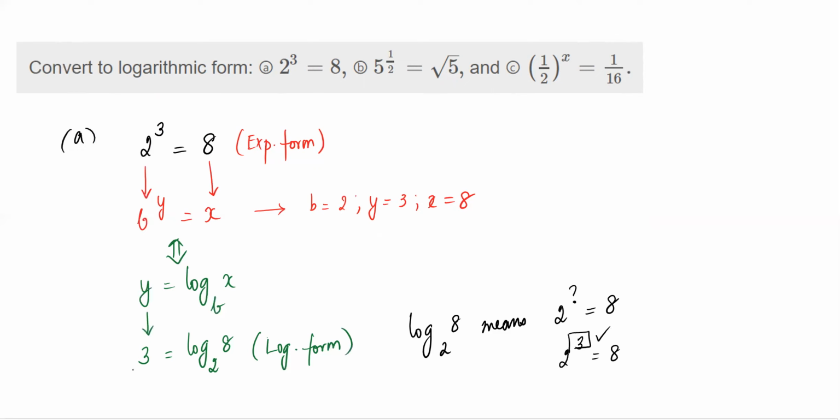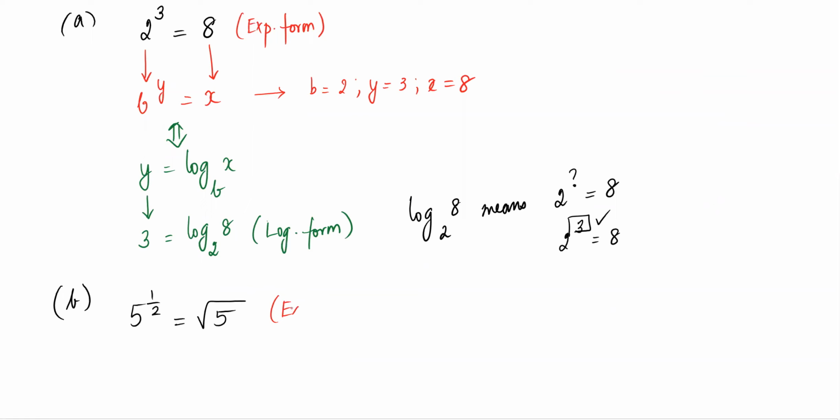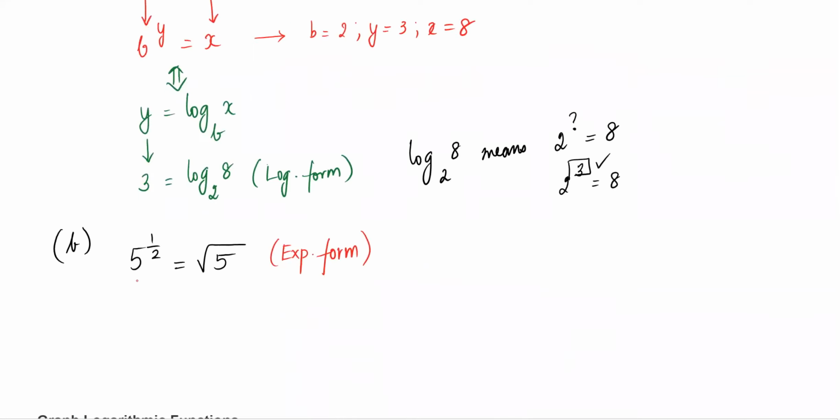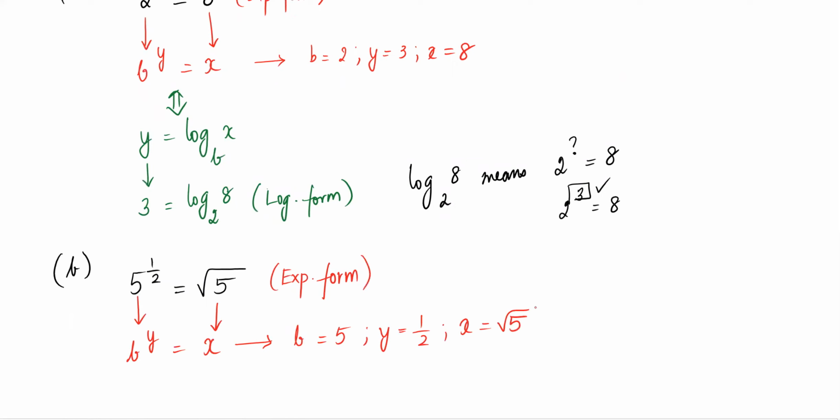Okay. Now let's look at B. 5 power half equals square root of 5. Again, this is in the exponential form. And this is clearly of the form b power y equals x. Right? That means your b actually stands for the 5. y stands for that power, which is half. And x stands for square root of 5 itself.